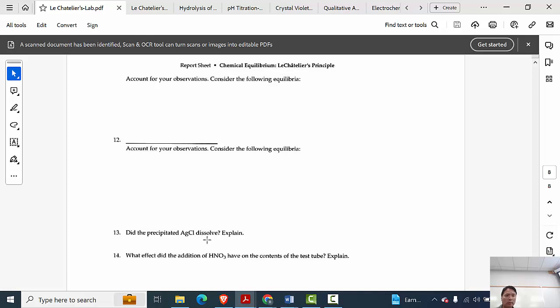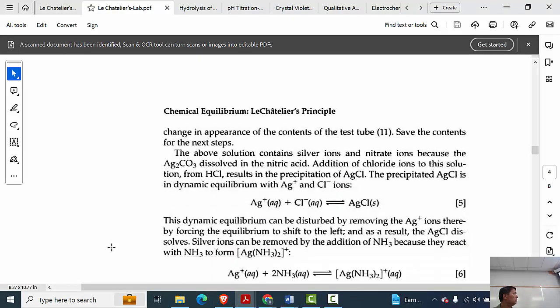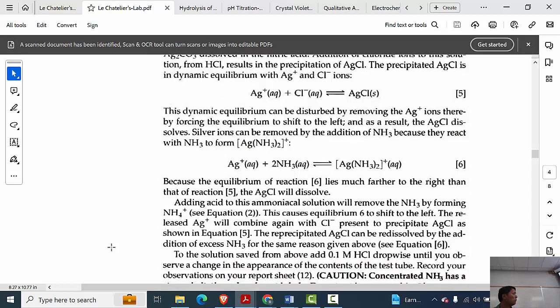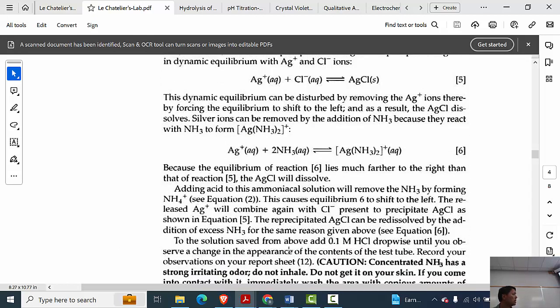What are they asking for in 12? To the solution saved from above, add 0.1 molar HCl dropwise until you observe a change in the appearance of the contents of the test tube. Record your observations on your report sheet 12.